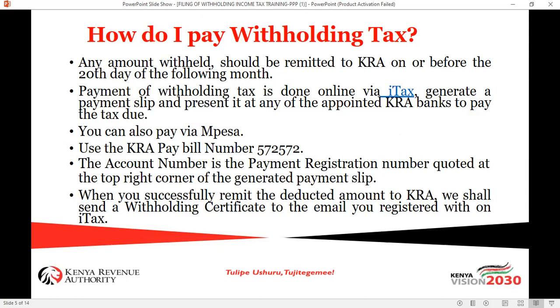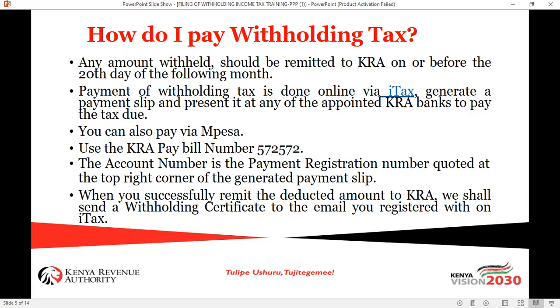Generate a payment slip and present it to any of the appointed KRA banks to pay. Or you can also pay using M-Pesa, using the paybill number 572. The account number is the payment registration number quoted at the top right corner on the generated payment slip.